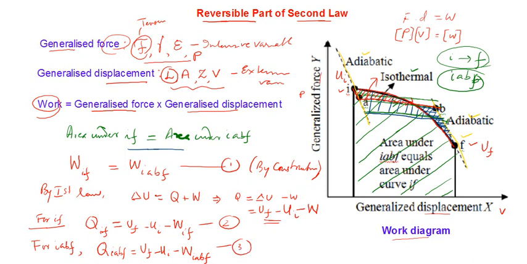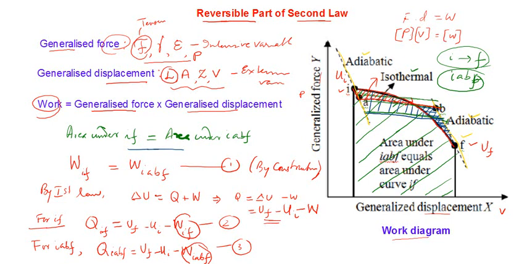Now, have a look at equations 1, 2 and 3. What can you conclude? WIF is equal to WIABF, having been made equal by our particular construction.